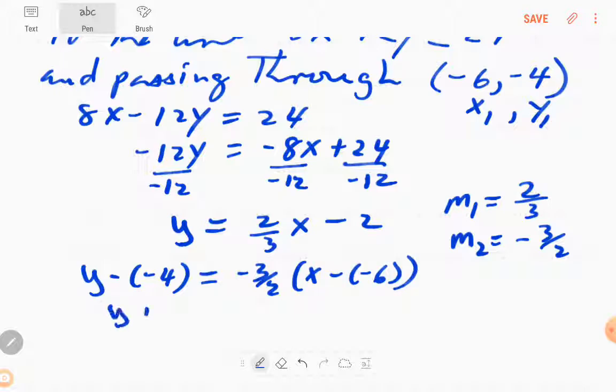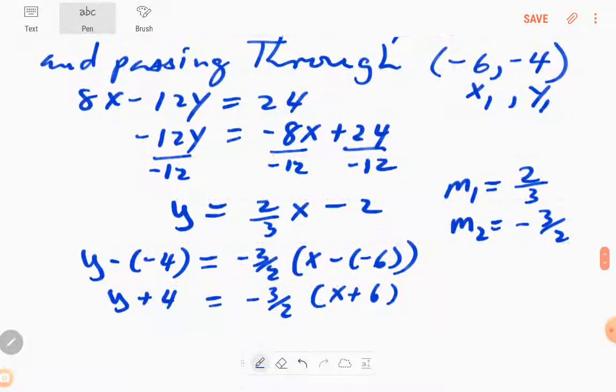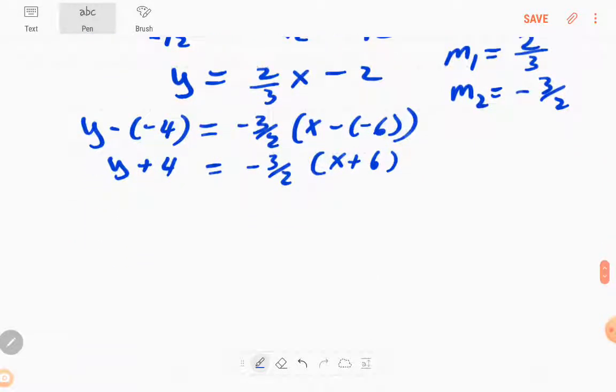So we'll have y plus 4 is equal to minus 3 over 2 times x plus 6, and distributing on the right hand side first, we'll have minus 3 over 2x minus 9, and now we can subtract 4 from both sides.